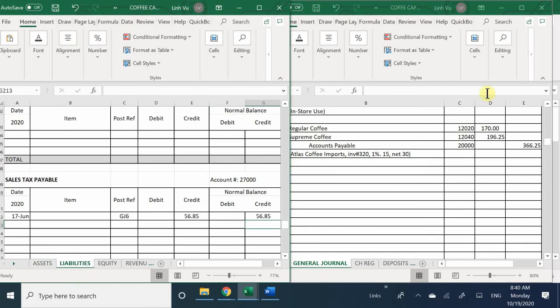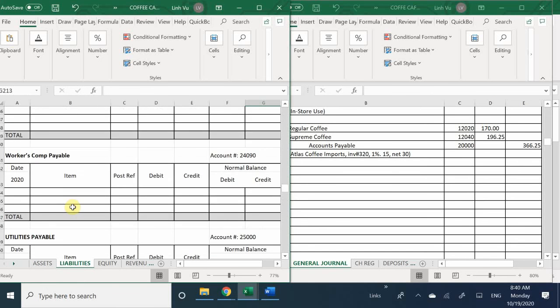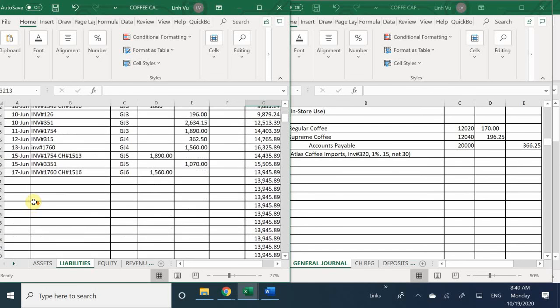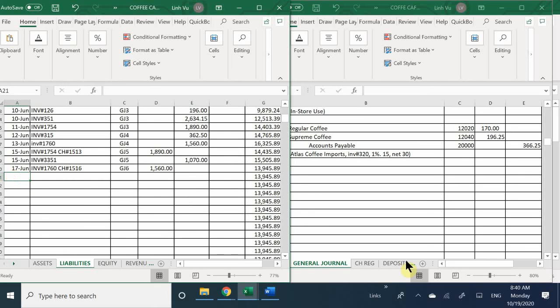Then we go to our liabilities for our accounts payable. All right, so how am I going to fill this out? Invoice number 320.